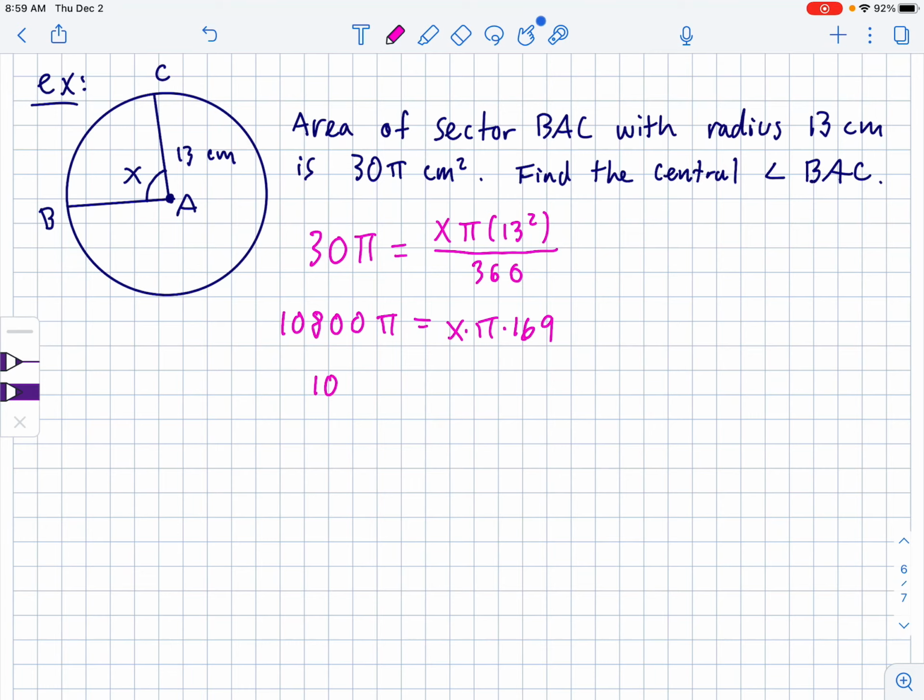Now let's divide both sides by pi and get 10800 is equal to 169x, and then you just have to divide that number by 169, and we get 63.9 degrees. Don't forget that x was an angle we were trying to find.